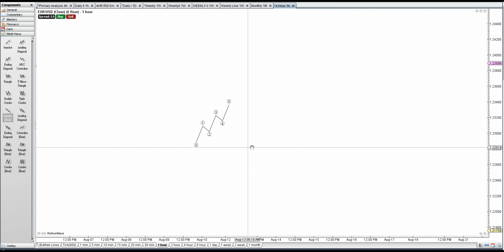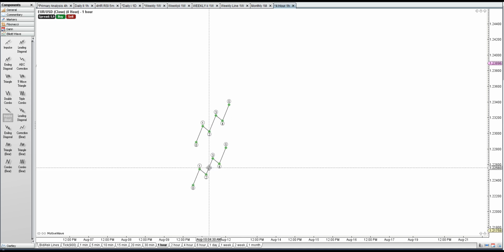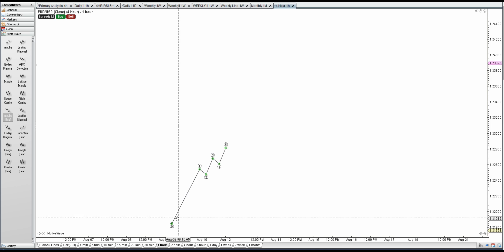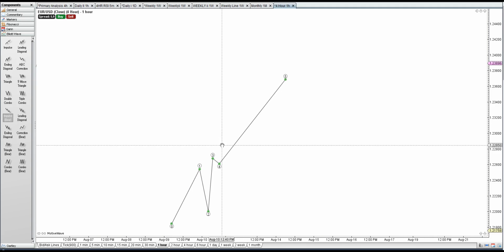Each 5-wave move consists of 3 waves up: we have 1, 3, and 5. And it has 2 corrective waves, wave 2 and wave 4. Now, let me make this a little bigger here.